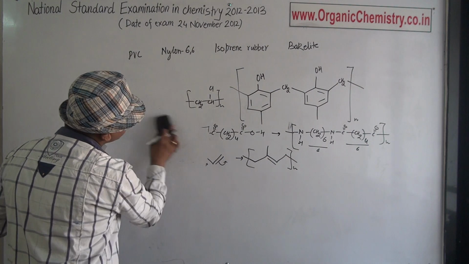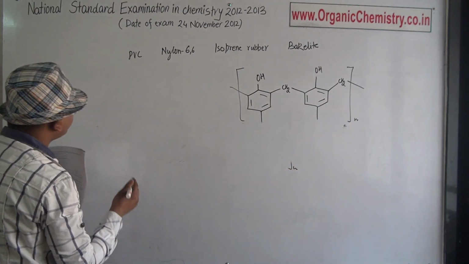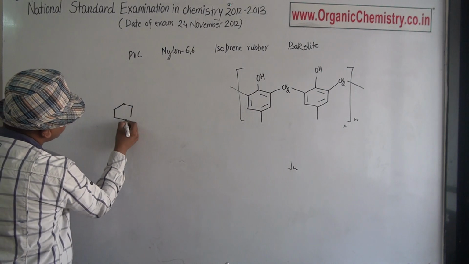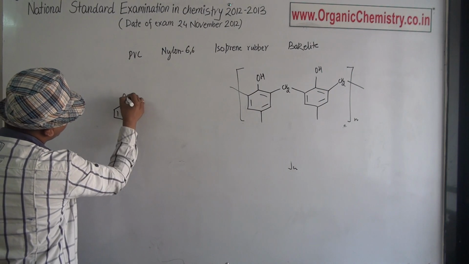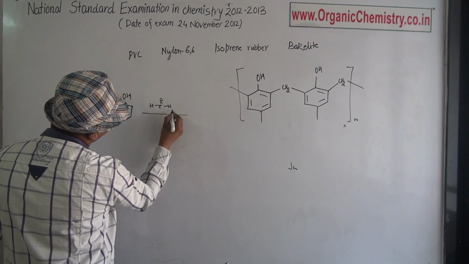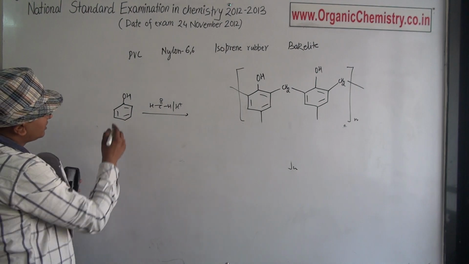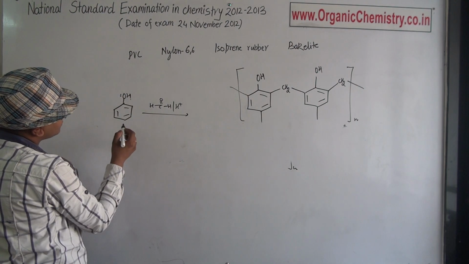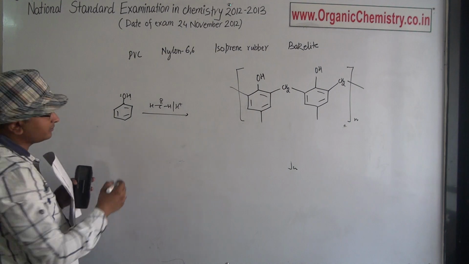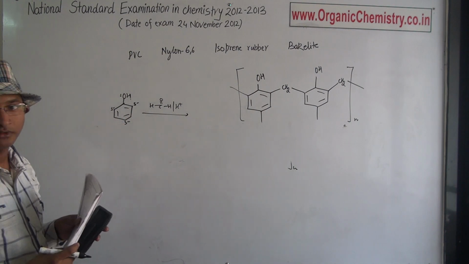Bakelite is formed by the reaction of phenol and formaldehyde in the presence of an acid. Due to the nature of the OH group, the ortho and para positions are electron rich.